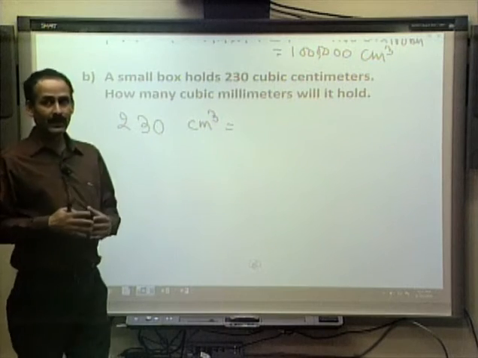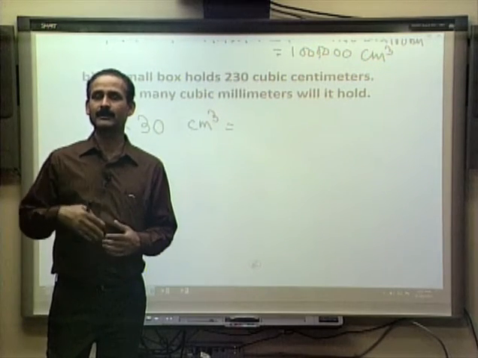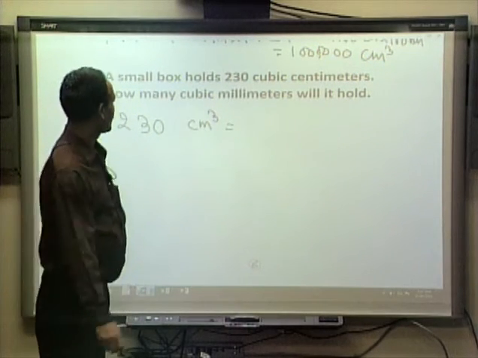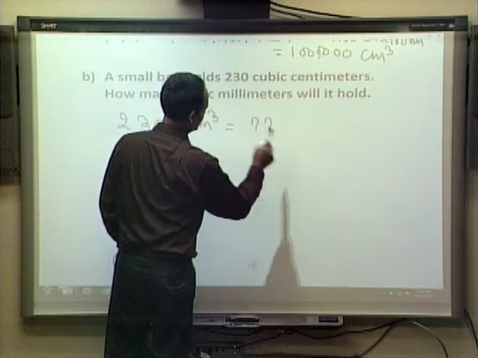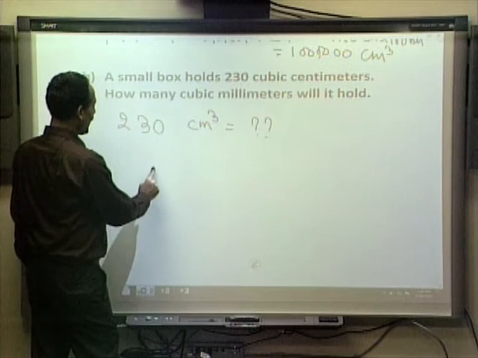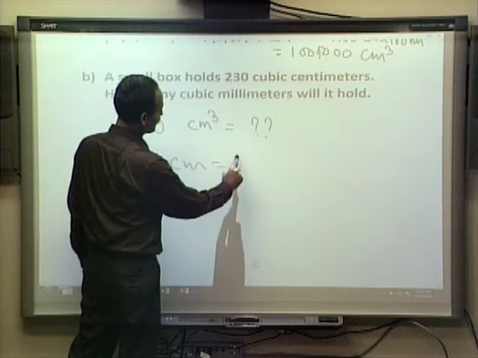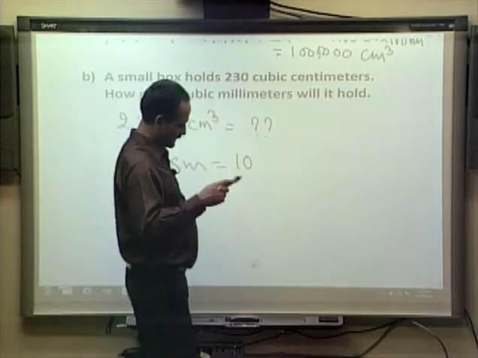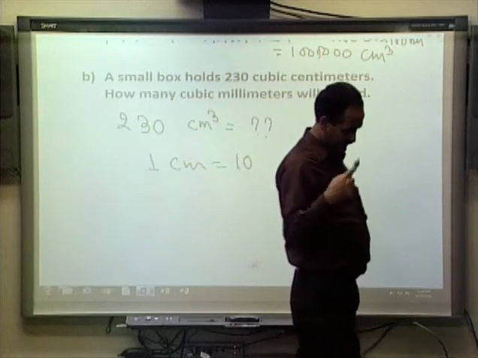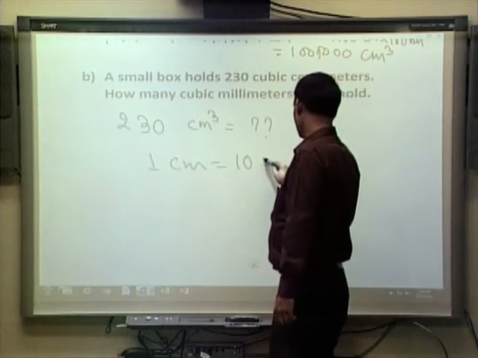So we are trying to convert centimeters to millimeters. We know that 1 centimeter equals 10 millimeters.